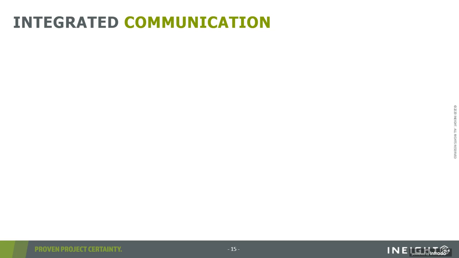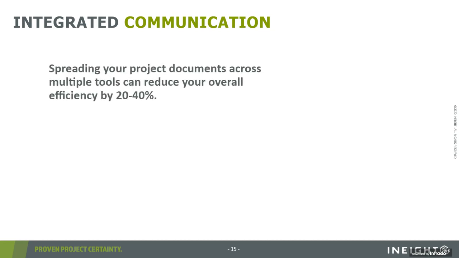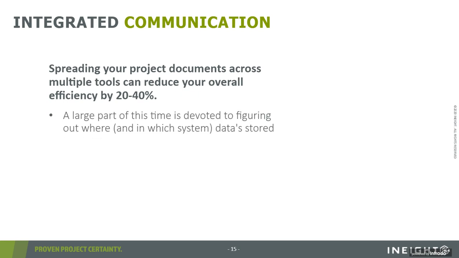And really, what has been said is the inefficiencies of documents being spread across multiple tools slows people down by 20 to 40%. A lot of that is just time devoted to trying to figure out where the item is.